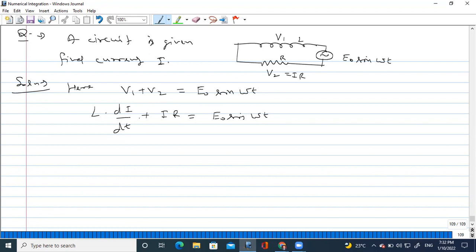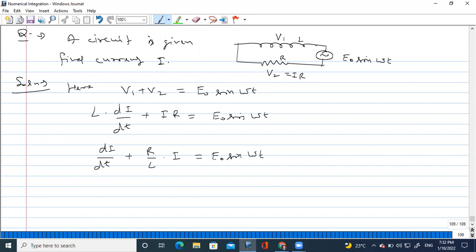So this has become a linear differential equation. It can be written as di by dt plus R by L into I is equal to E naught by L sine omega t.